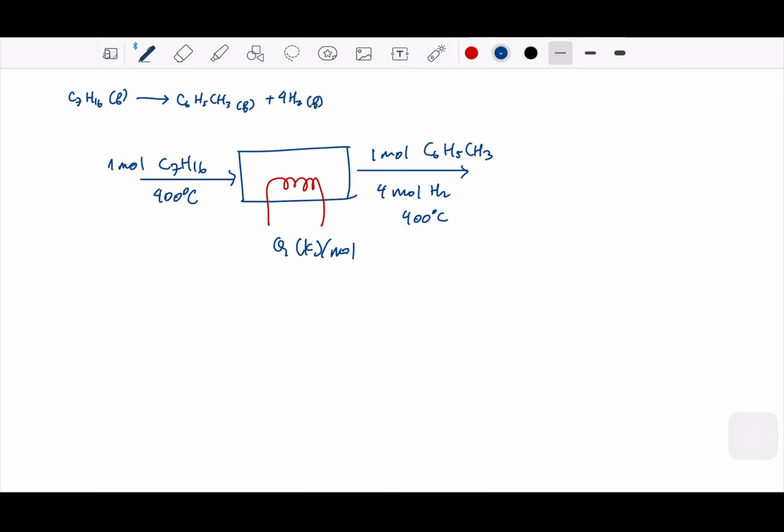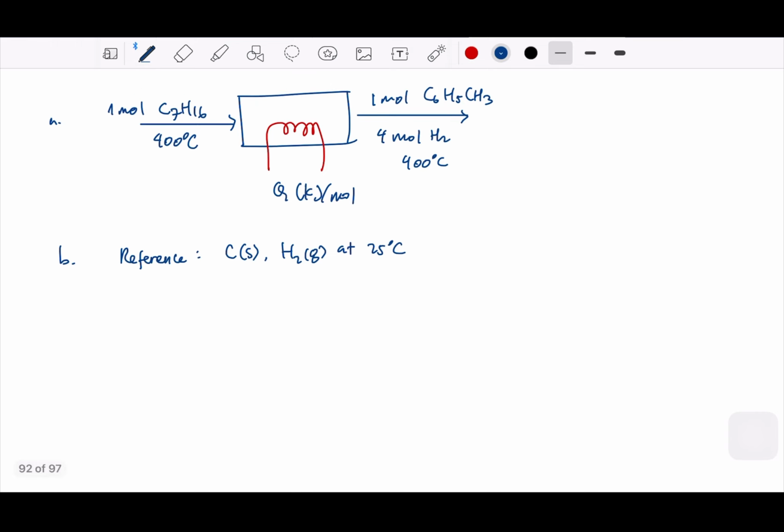That's part A. For part B, we need to choose the reference, and of course, if no information is given, we just assume that the reaction will be at room temperature. So substance, the moles in, specific enthalpy, the moles out, and the specific enthalpy out.